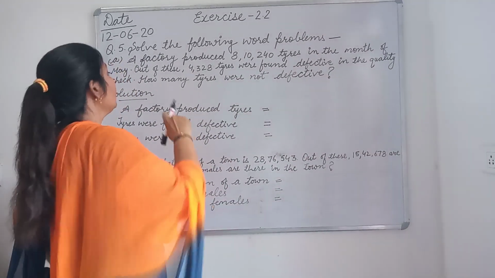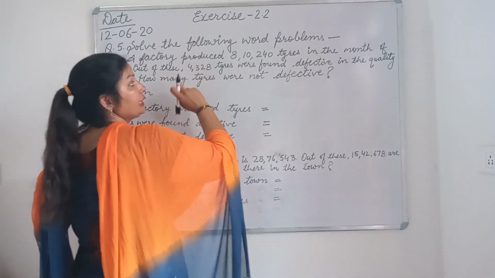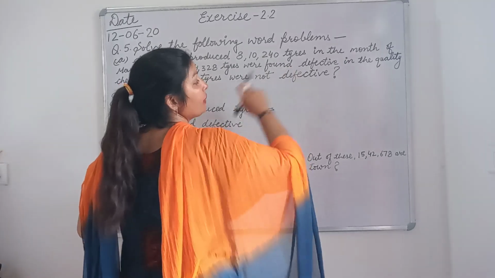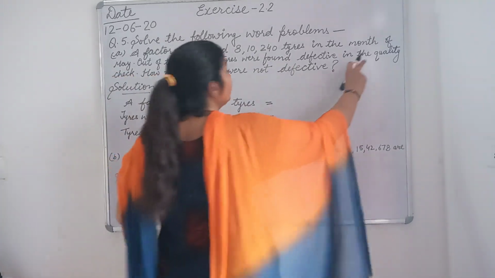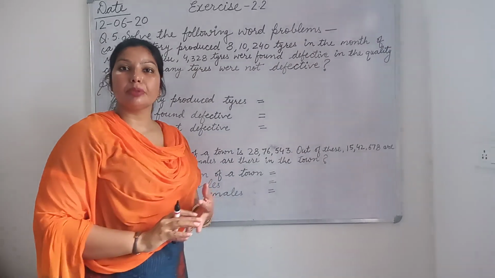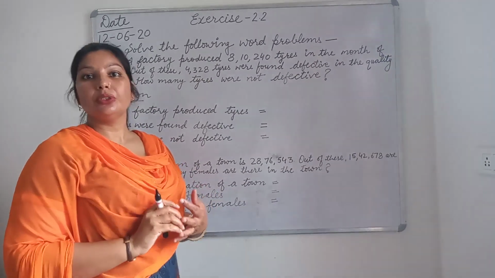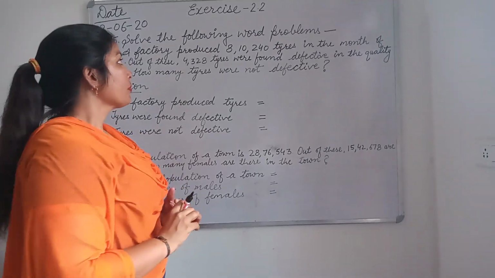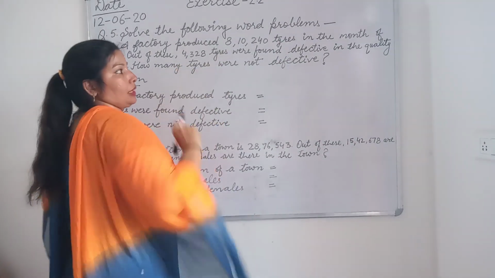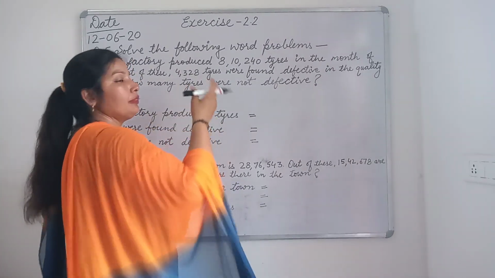Then out of these, 4,328 tires were found defective in the quality check. When the factory checks quality after making a product, they check whether it is good or not. So in the checking, these tires were found defective.